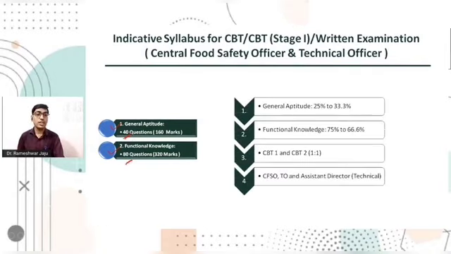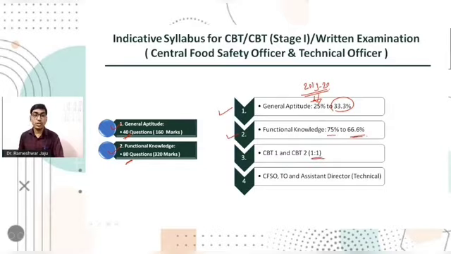Compared with last year, in the 2019-20 recruitment, the weightage given to general aptitude was 25%, and now it has moved up to 33.3%. For functional knowledge, surprisingly, the weightage was reduced from 75% to 66.6%.